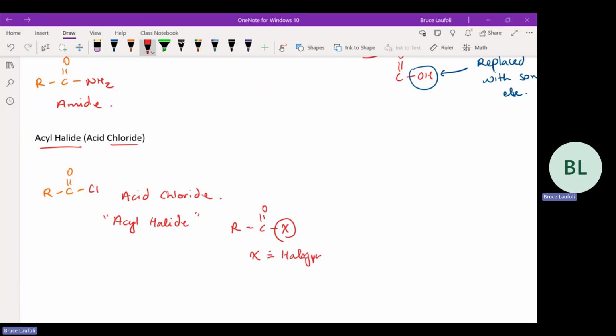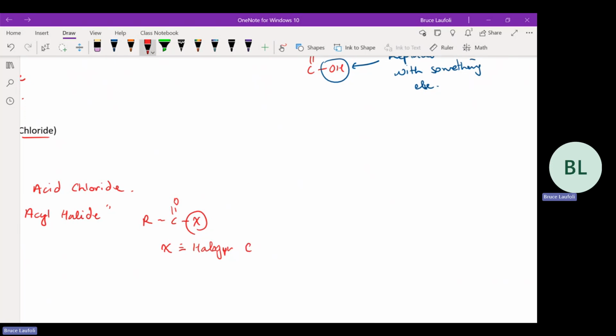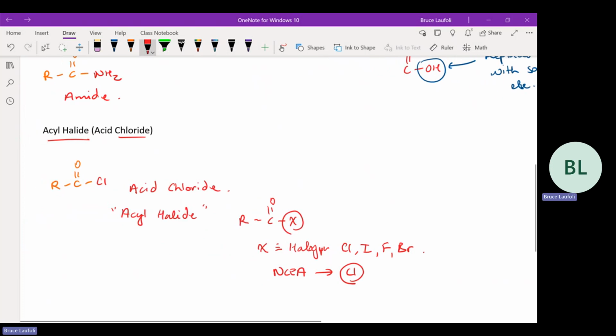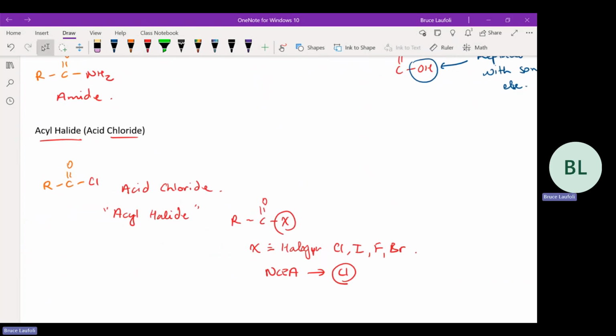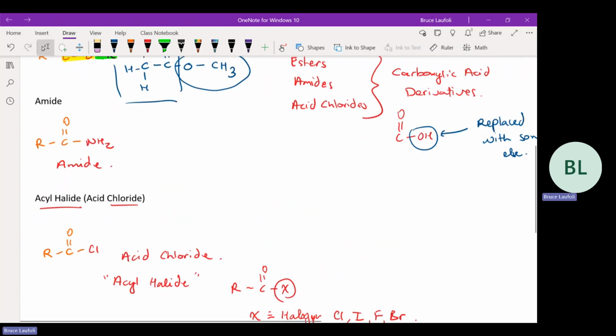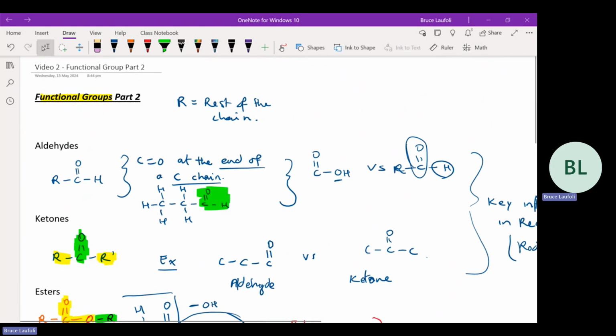So it doesn't necessarily need to be a chloride. It can also be an iodine or fluoride or bromine. But for NCEA, they specifically want you to look at chlorine. So that's basically it in terms of the added functional groups for level 3.